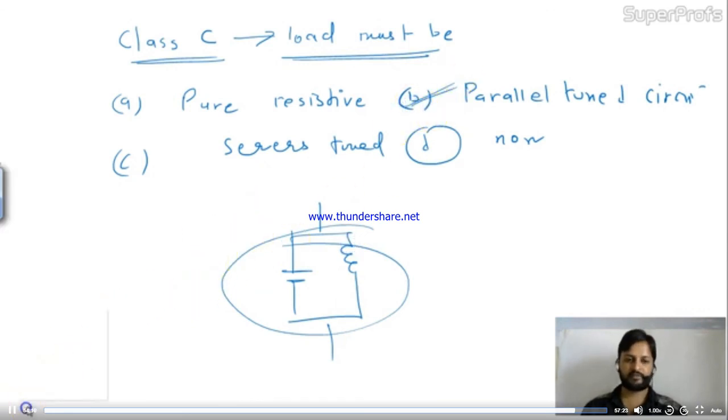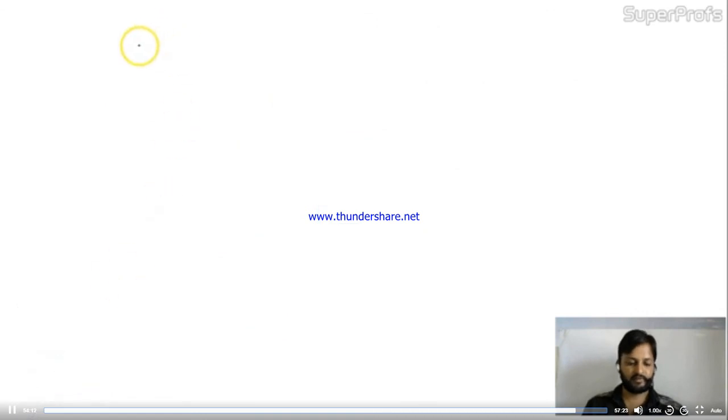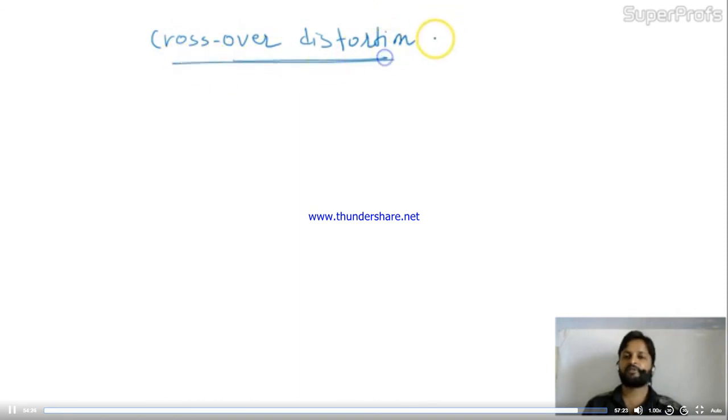Now the next question is given. Crossover distortion behavior. Crossover distortion is the characteristic of A amplifier, B amplifier, AB amplifier, or C amplifier.